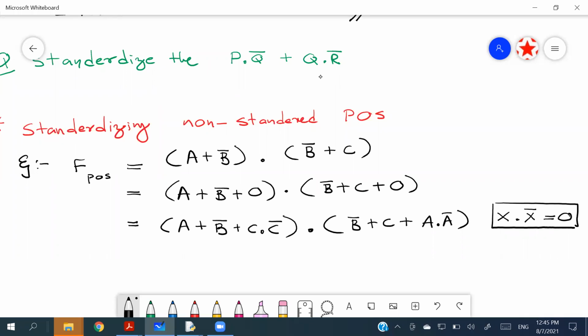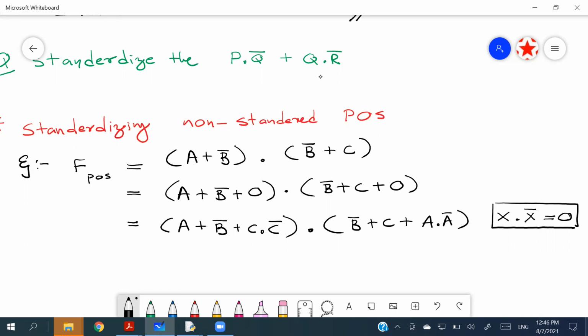Are you getting this up to this point? All right. Okay, so now I am going to use the second law of distributive law.